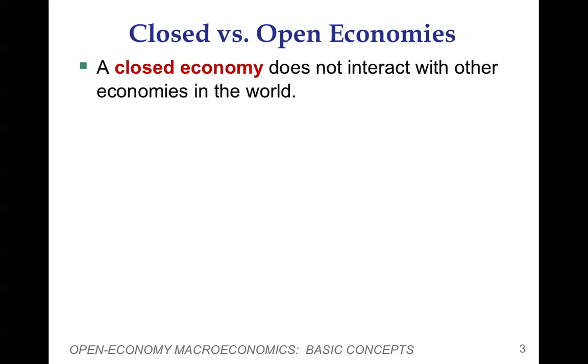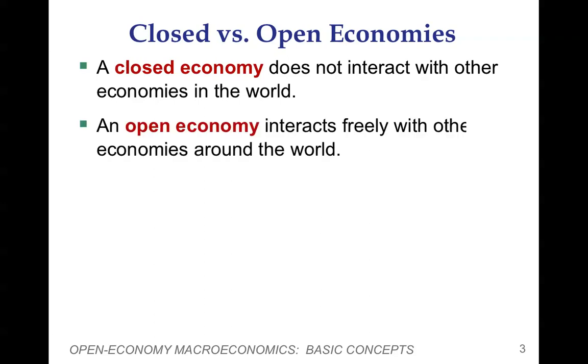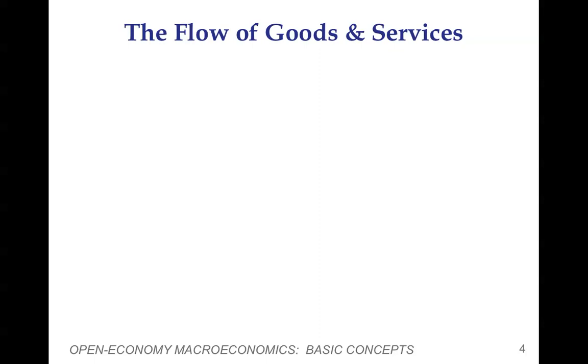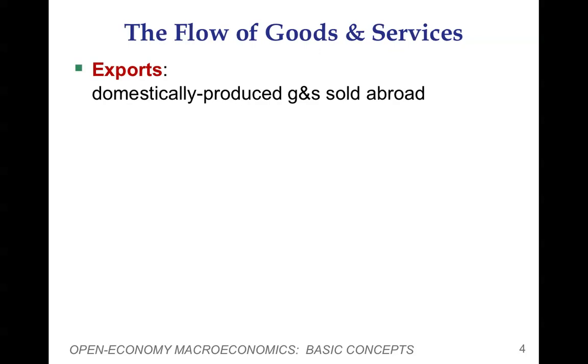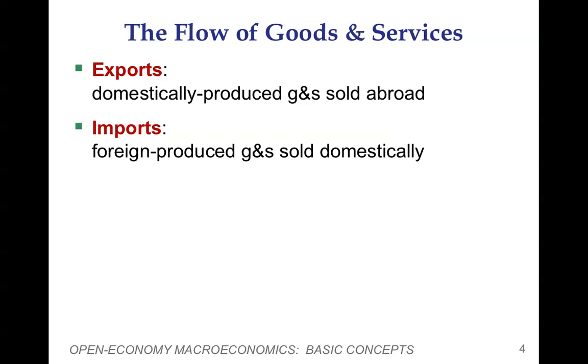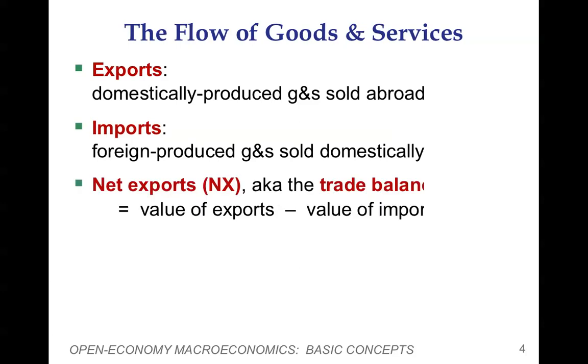A closed economy is one that does not interact with other economies in the world, so there are no exports and imports. An open economy interacts freely with other economies around the world through exports and imports.